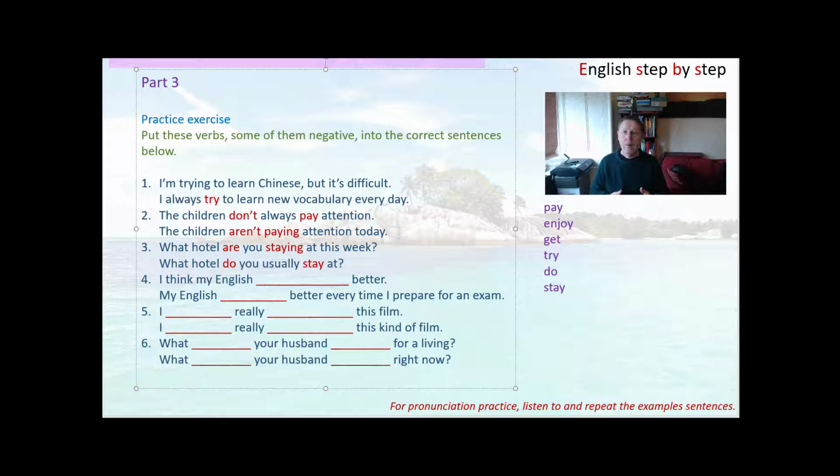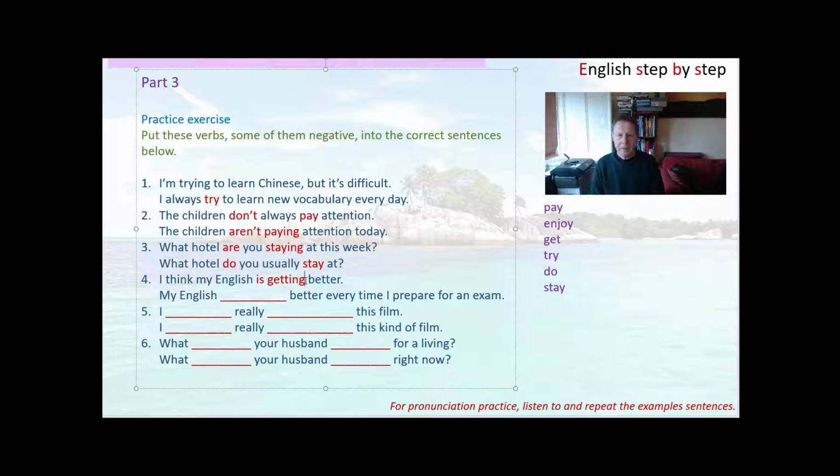Now, if we have better, we can use different words, but the normal word for better would be get better or become better. In this case, get. So if it's a process, we need to use the present continuous. And English is singular, so it is getting better. I think my English is getting better.